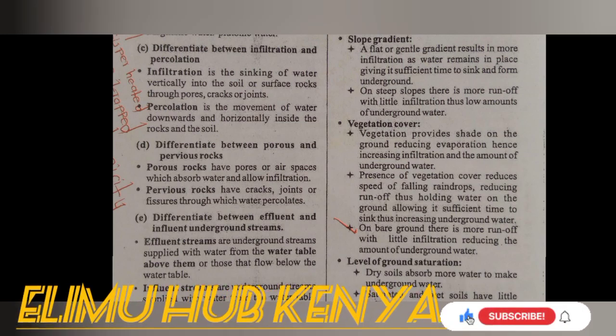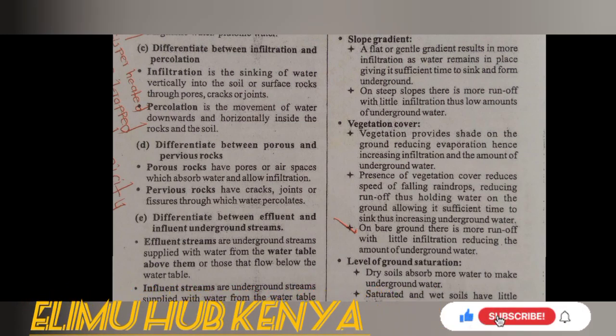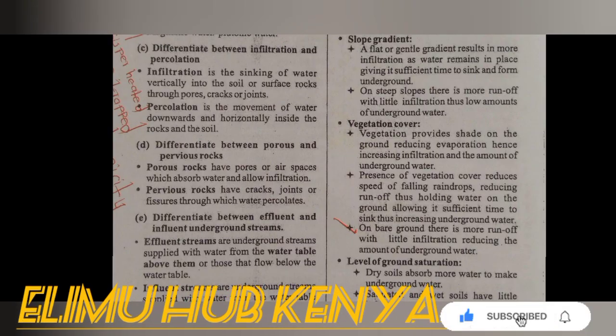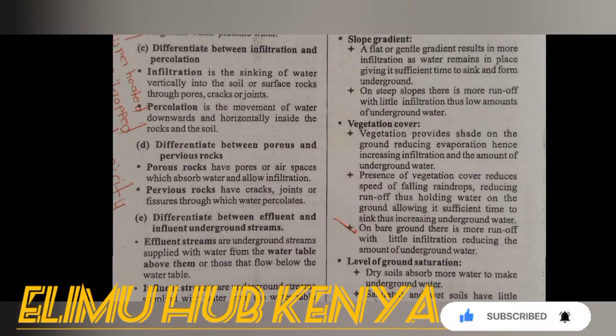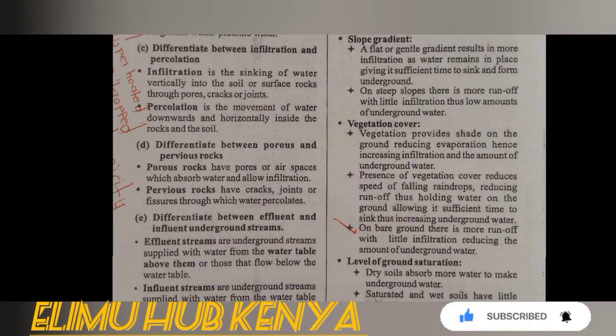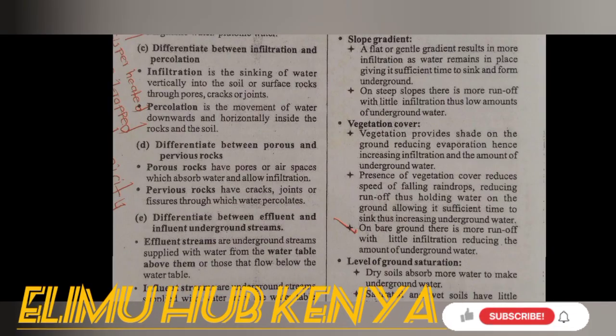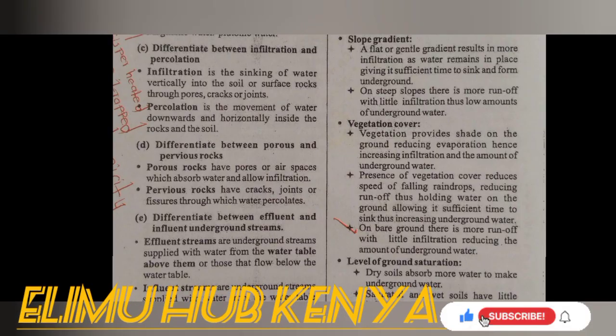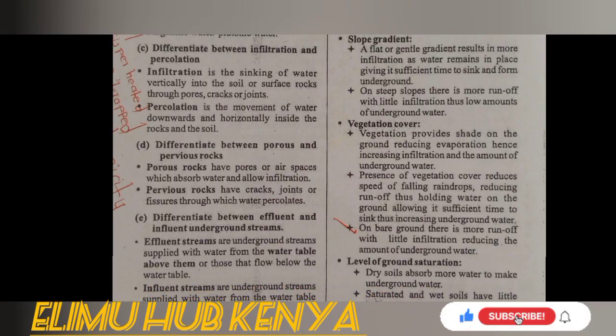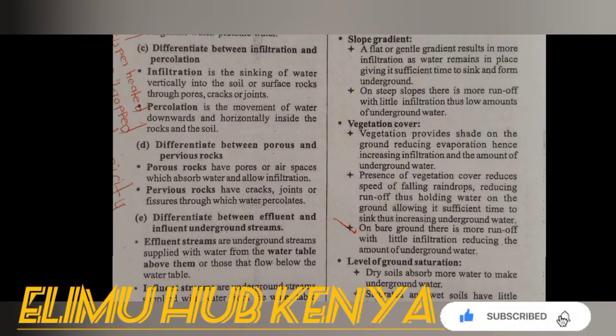Pervious rocks, on the other hand, are rocks that have cracks, joints, or fissures, which allow water to percolate through, while porous rocks are rocks with air spaces which absorb water and allow infiltration to take place.